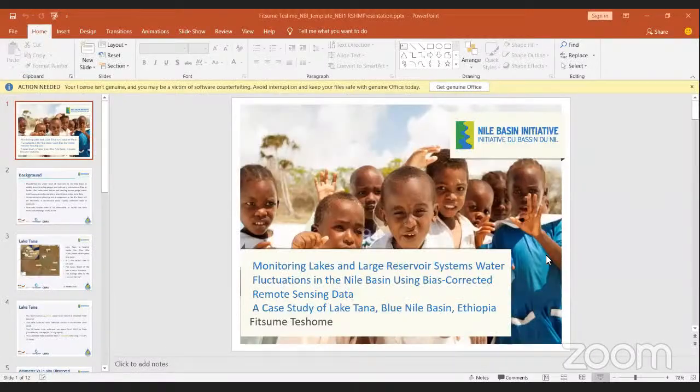So we managed to collect data for Lake Tana from 1993 to 2013, both the observed and the remotely sensed data. Please share your screen again. Mr. Fitsumi, your screen is not visible.